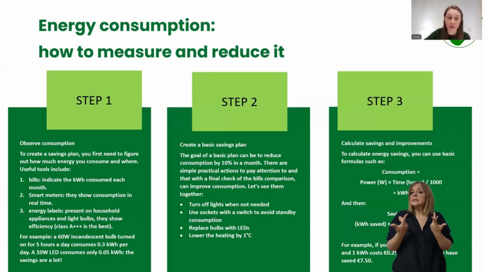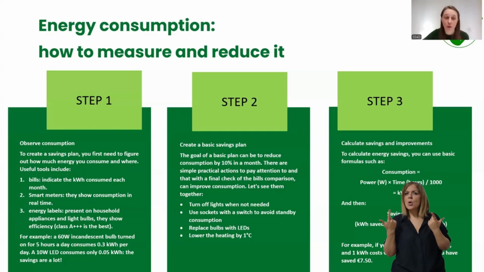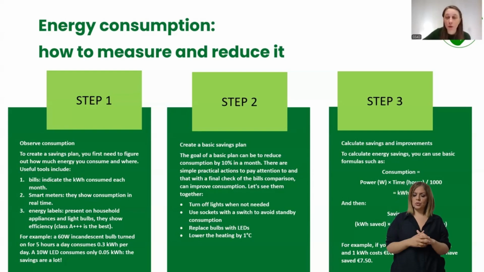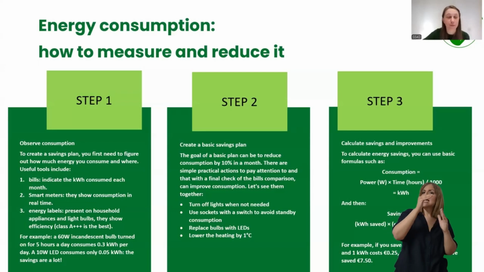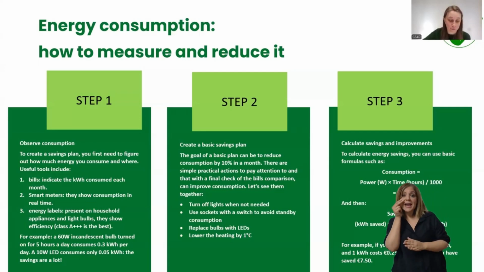So step number 1 is mainly observation. Observe the use that we make of energy in the environments in which we live and in which we work or that we attend. In order to observe it, we can check energy bills, but we can also have smart meters that show real-time consumption.